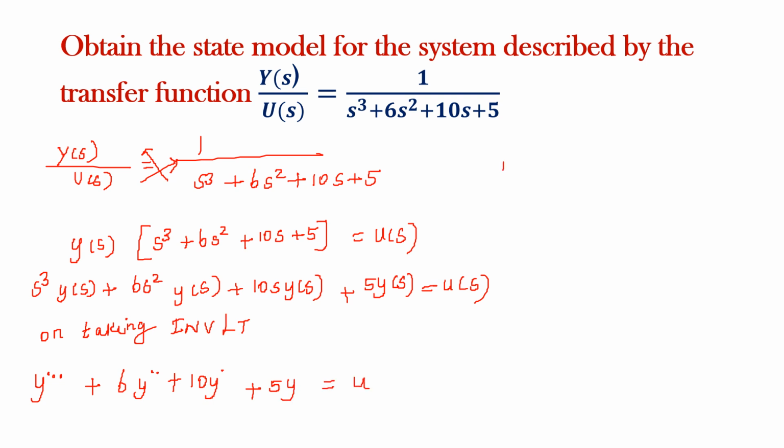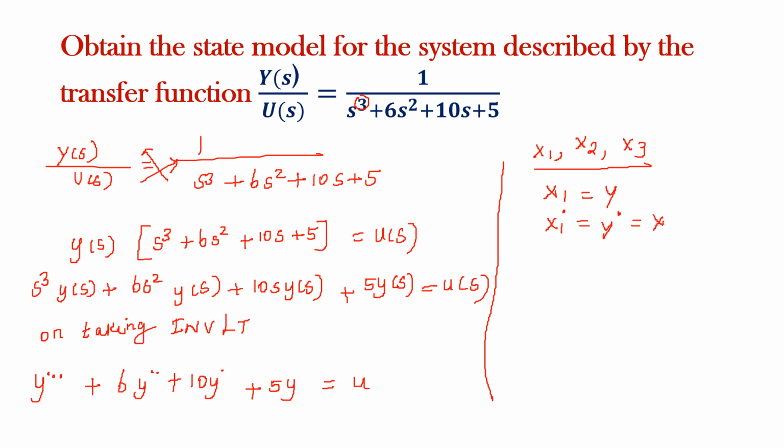Next, let us assume the state variables. The state variables are x1, x2 and x3, corresponding to the order of the equation. Assume x1 equal to y. So x1 dot equal to y dot, which we assign as another state variable x2.